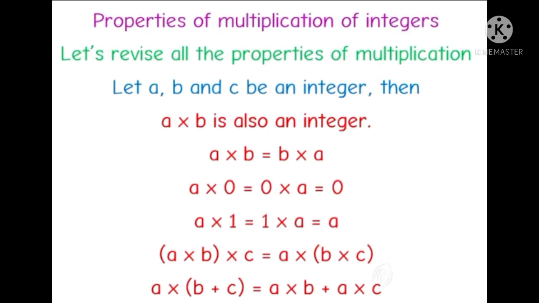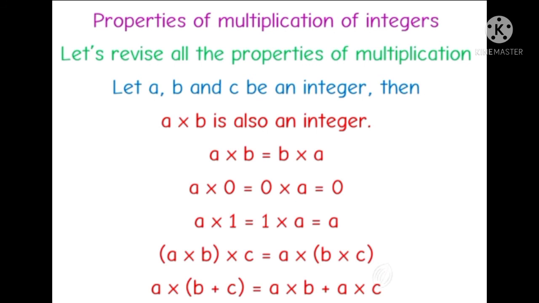Let us revise all the properties of multiplication. a into b is also an integer, that is closure property. a into b is equal to b into a is commutative. a into 0 is equal to 0 into a is equal to 0, that is zero property. a into 1 is equal to 1 into a is equal to a, that is multiplicative identity.